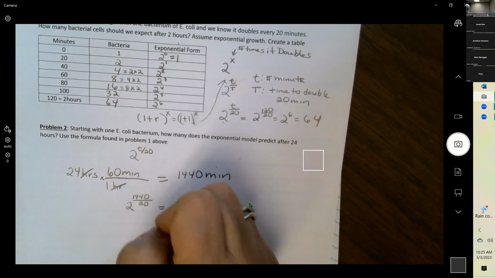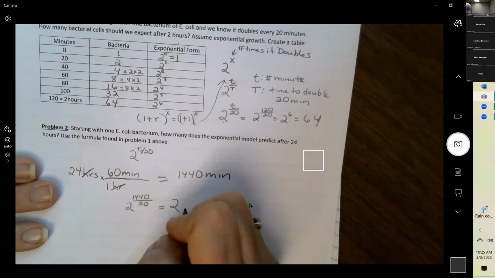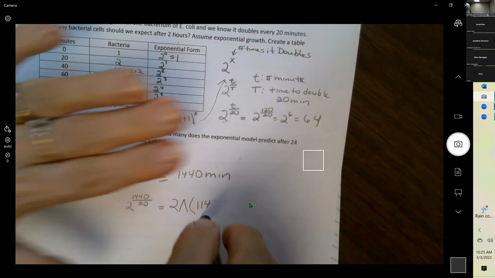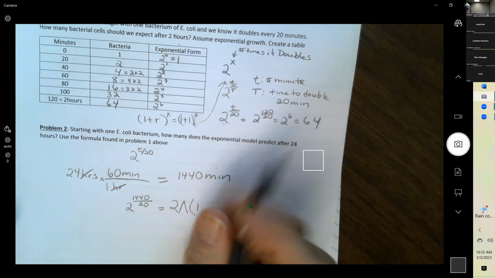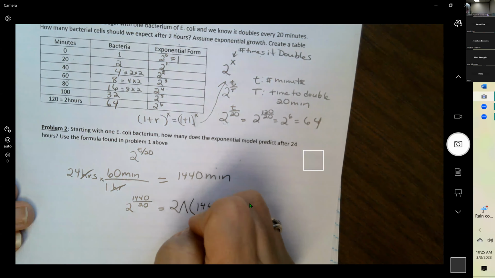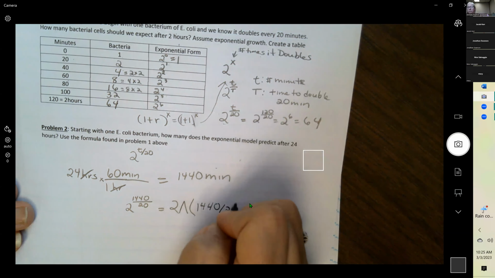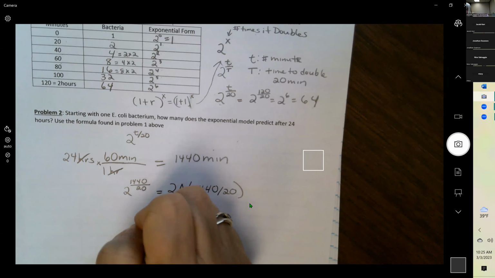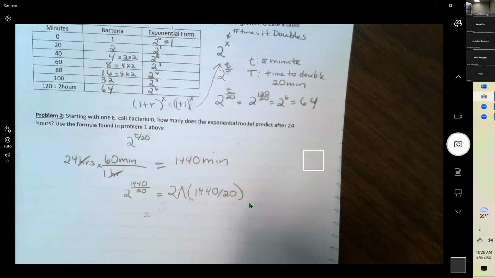Now you can enter this into your calculator. 2 caret parenthesis 1440 divided by 20. I'm going to go 1 decimal place.